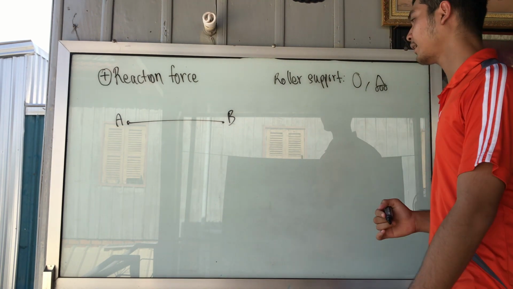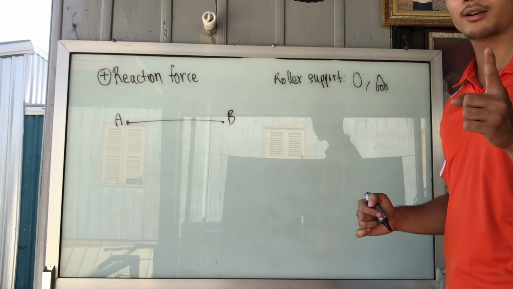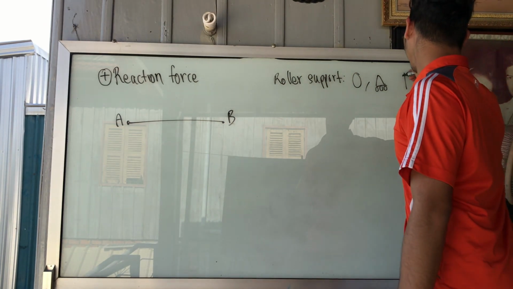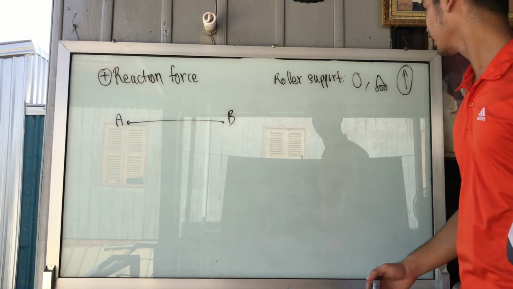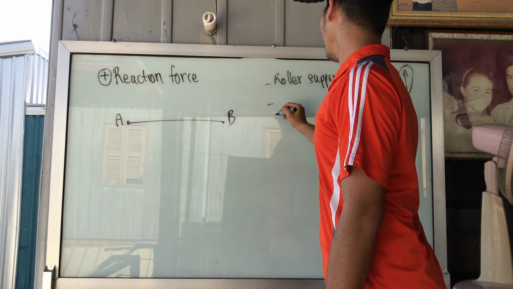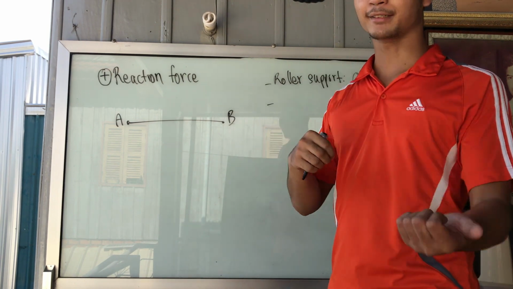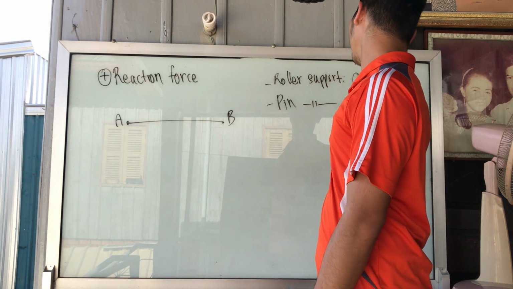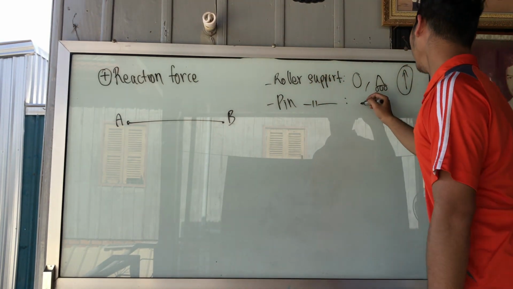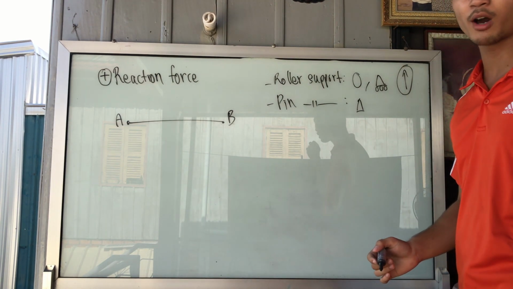And it has only one vertical reaction force. And then pin support. This notation is just like this. It has two forces, one vertical force and one horizontal force.